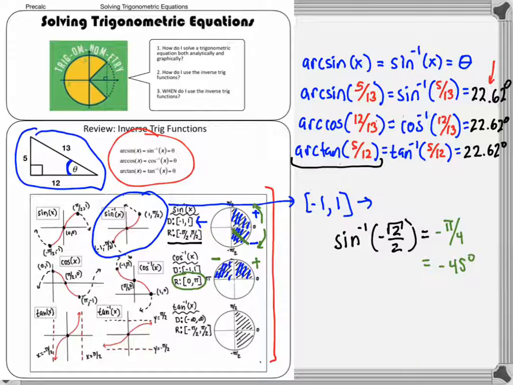We couldn't go in the negative direction because that would be positive as well. So if we went in the negative direction here, we would have two positives, and that wouldn't make sense.